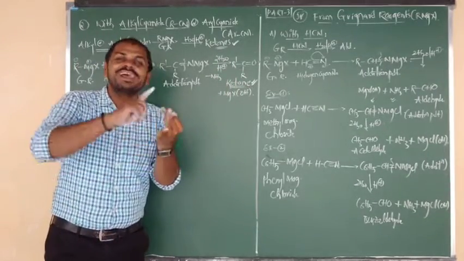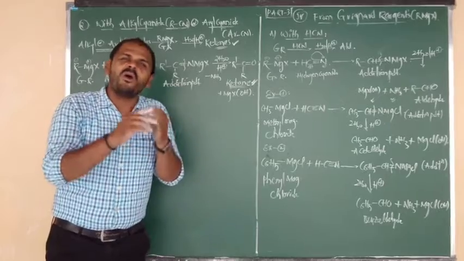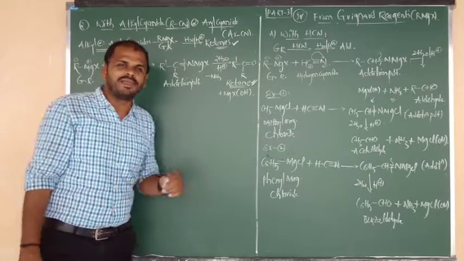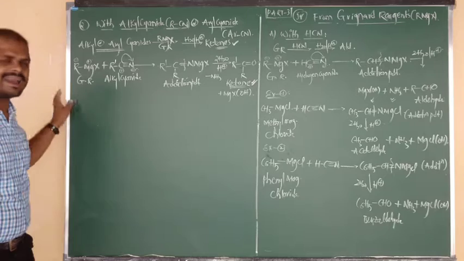So acetone, acetophenone, benzophenone, all types of ketones we can prepare from alkyl and aryl cyanides.